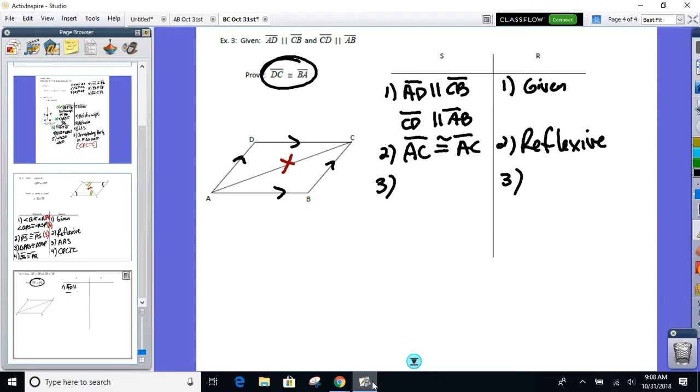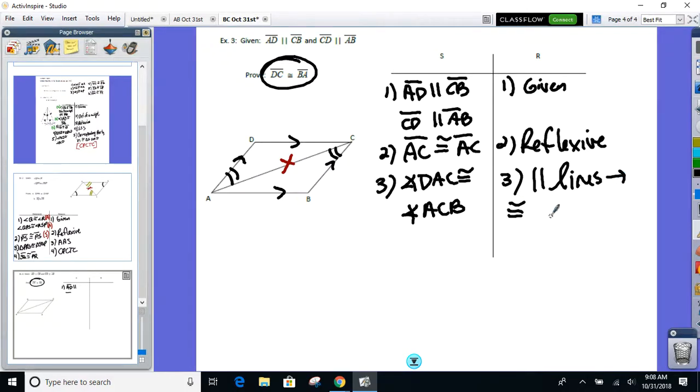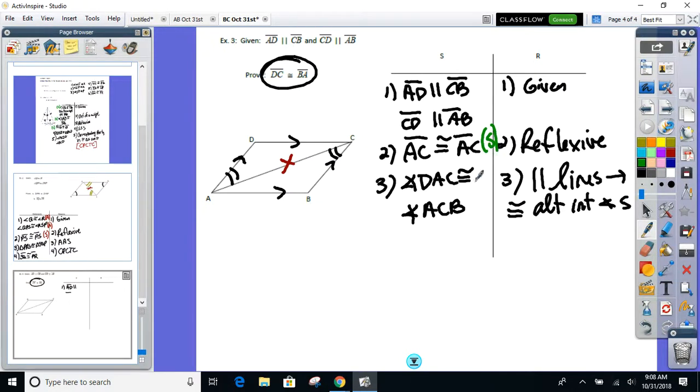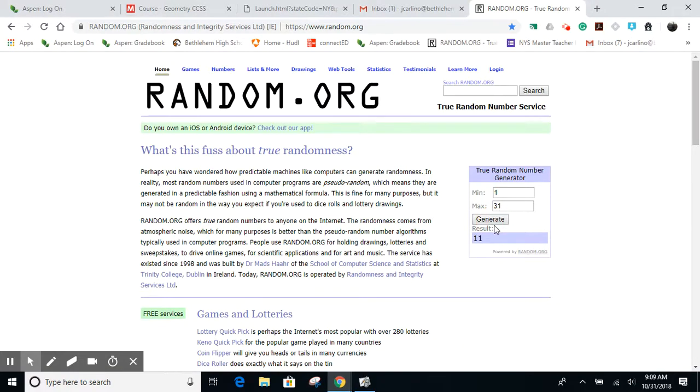Angle DAC is congruent to ACB because parallel lines imply alternate interior angles. Nice. All right, so you got a pair of sides and a pair of angles here. Need one more pair of something. Use all the givens.